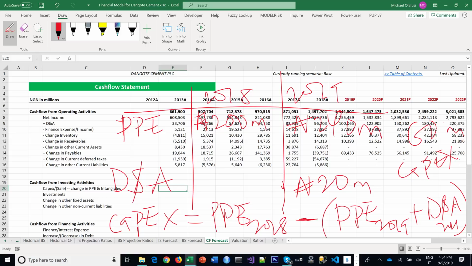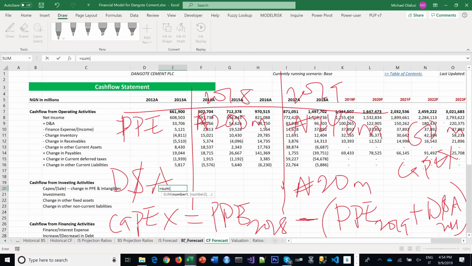I'm going to do the formula right now. I'm going to say it's equal to PP&E. In fact, the summation of, because the intangible and the PP&E together are what are depreciated.